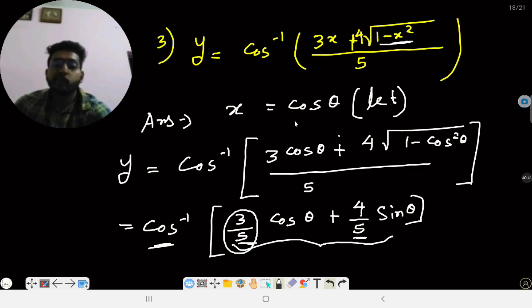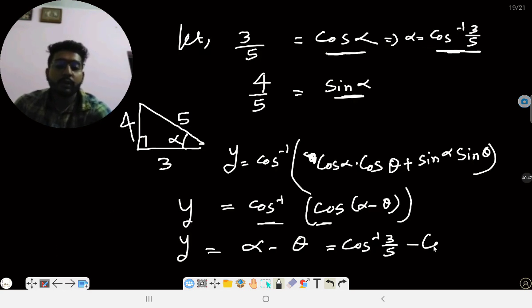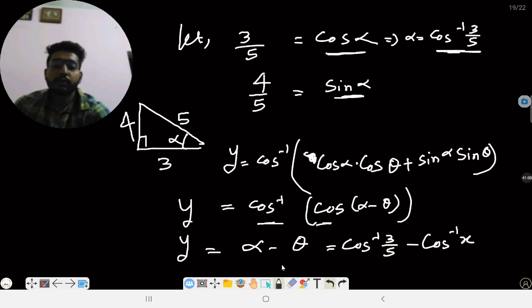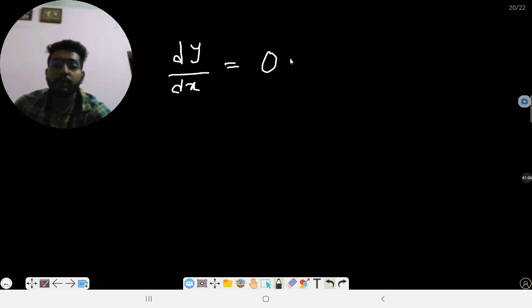Now from x equals cos theta, theta will be cos inverse of x. So this is my y, and we have to find dy by dx. The first term is cos inverse 3 by 5, which is a constant, and the derivative of a constant is 0.